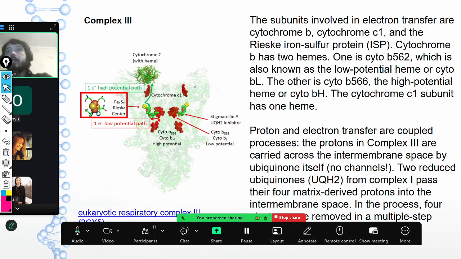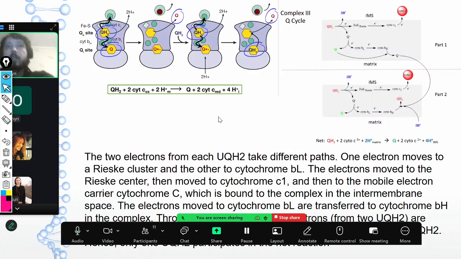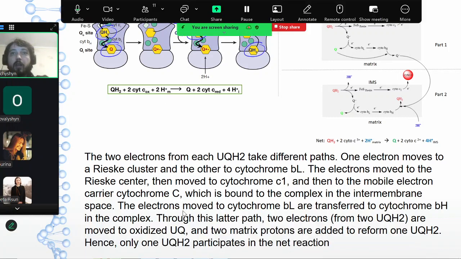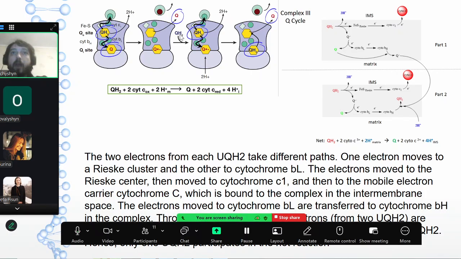Here are different examples of these complexes and how electrons are transferred in each of the complexes. I guess there's no need to get into all of the details. Just you see that from ubiquinol, QH2, 2 electrons take different paths in complex 3.